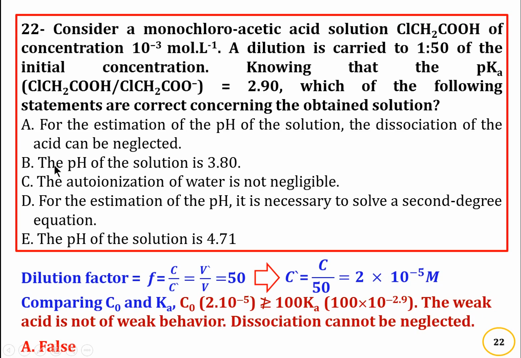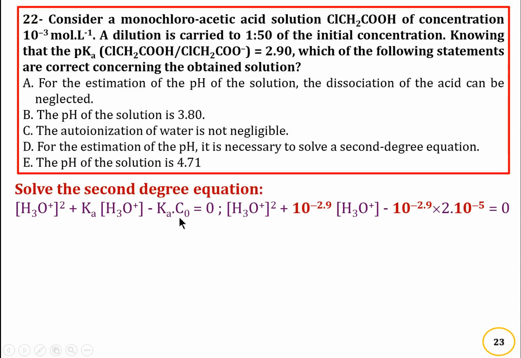In part B, they asked to calculate the pH of the solution. In the previous slide, we found that C0 is not greater or equal to 100 times Ka, so the formula pH equals half pKa plus pC0 could not be applied, and we have to solve the second degree equation: [H3O+]² plus Ka[H3O+] minus KaC0 equals 0.